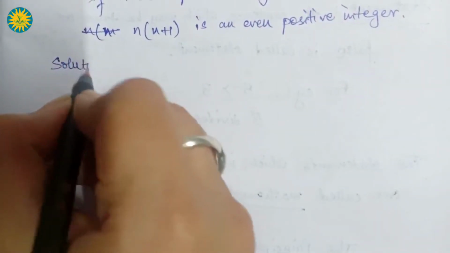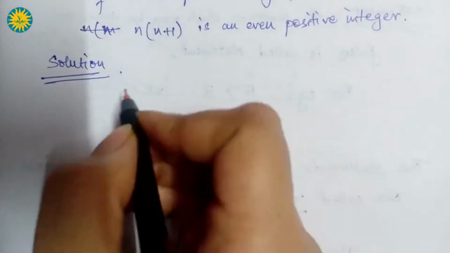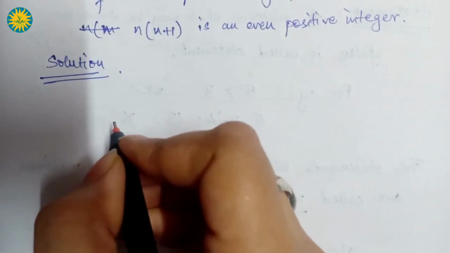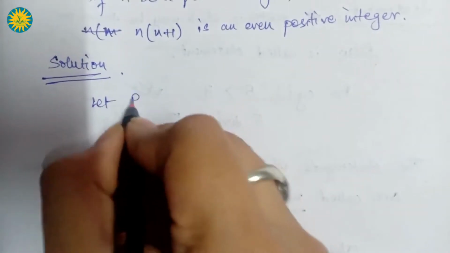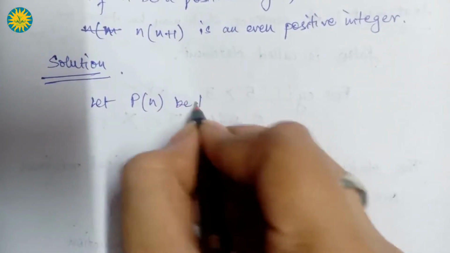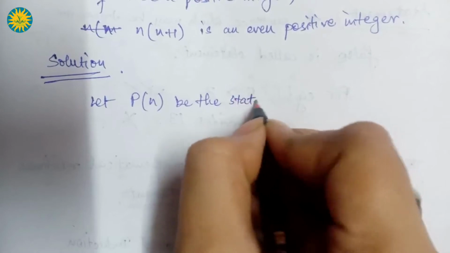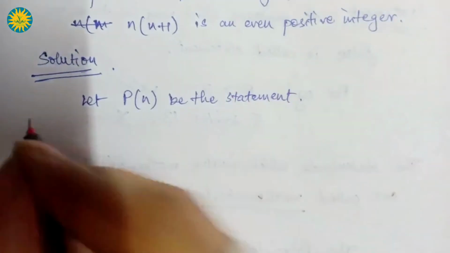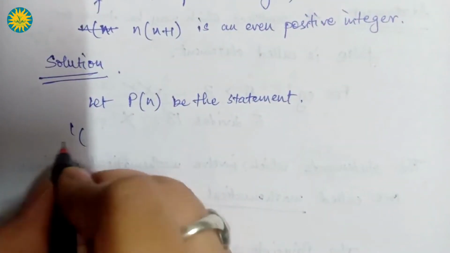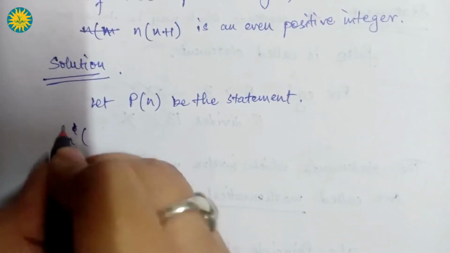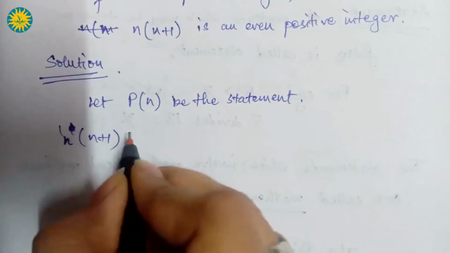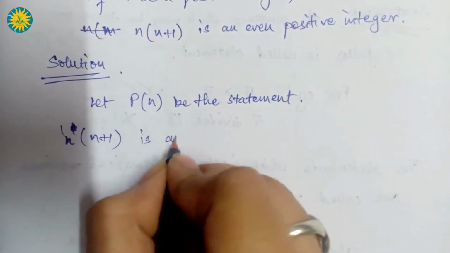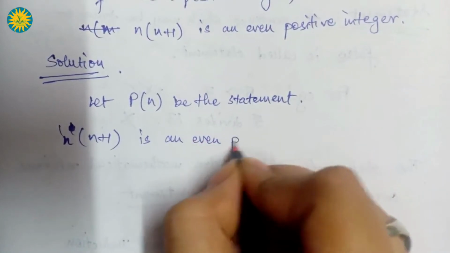Now what is the solution? Here statements are very important. So we'll start this. Let P of n be the statement, which is n into n plus 1 is an even positive integer.